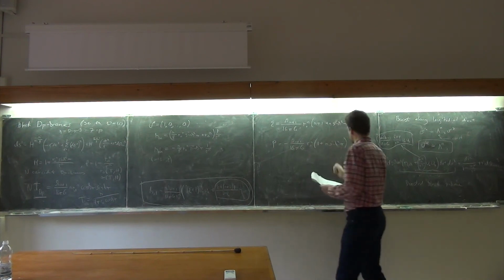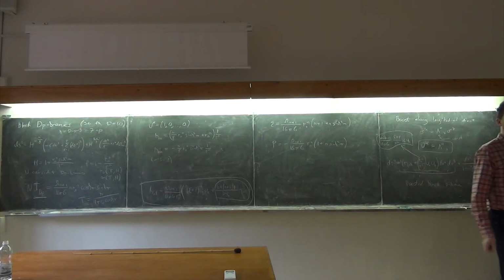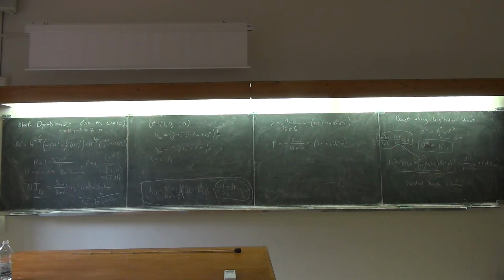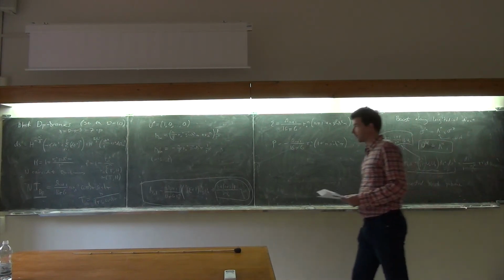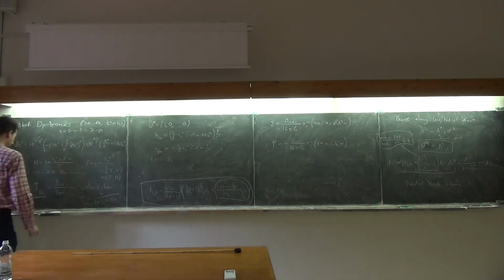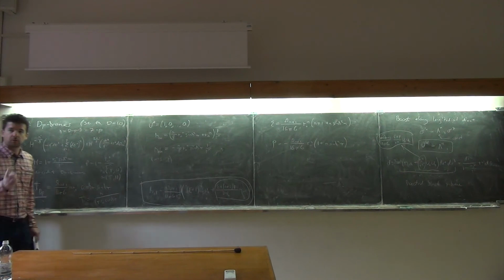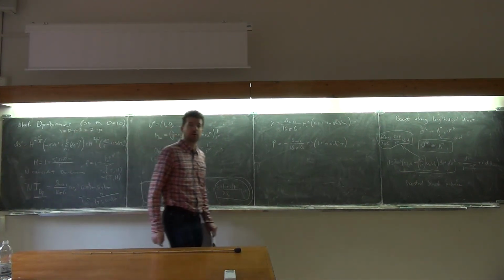And if you set alpha to 0, you see that you just get the result for the neutral black Dp branes that we looked at before, and of course this metric, that corresponds to setting n equals 0. So that's it.